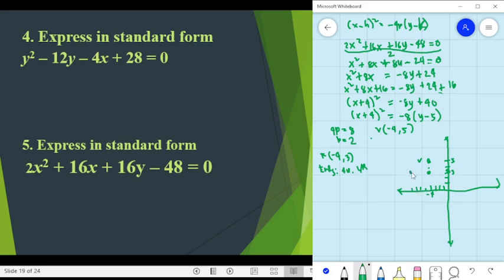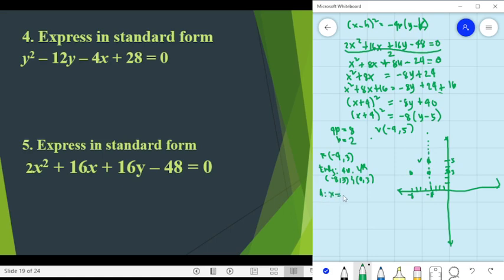So your ends of LR are negative 8, 3, and 0, 3.